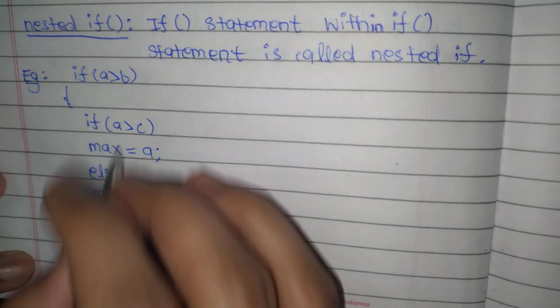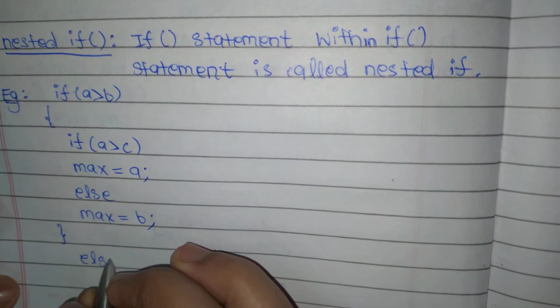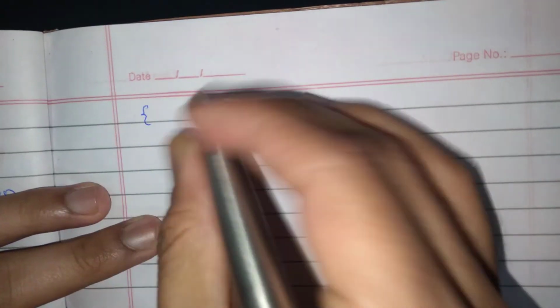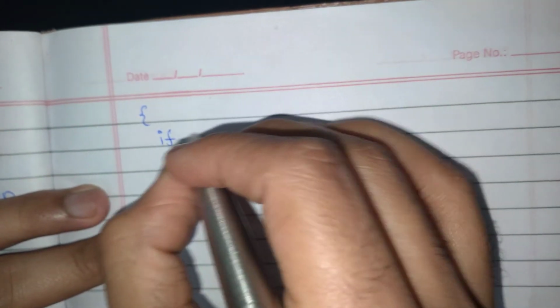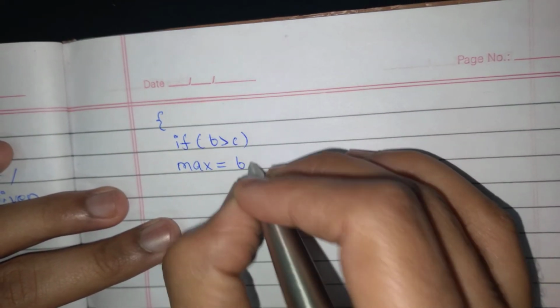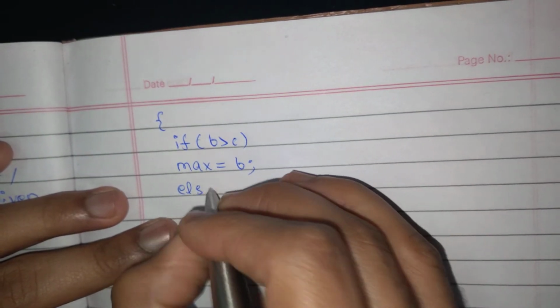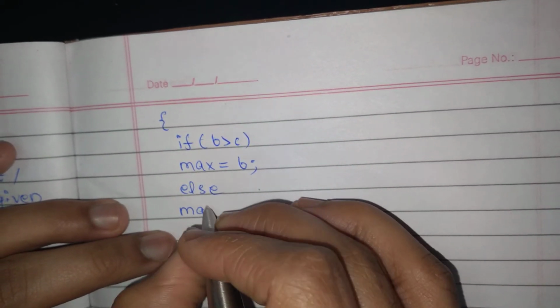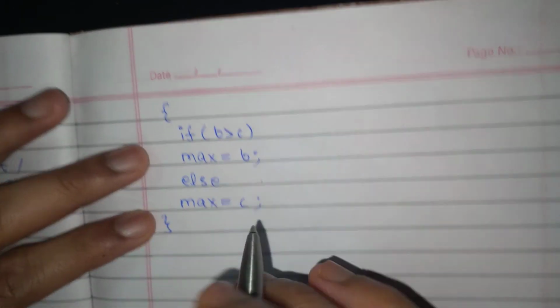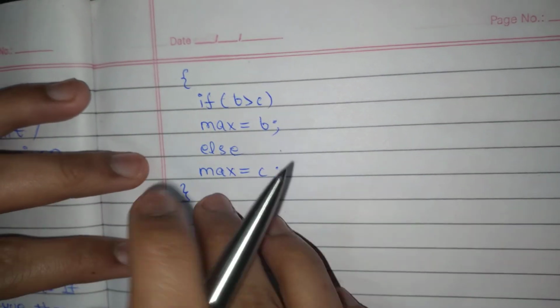Then if this condition is false, then else, bracket open, if b is greater than c, max is equal to b, else max is equal to c. It is the example of nested if.